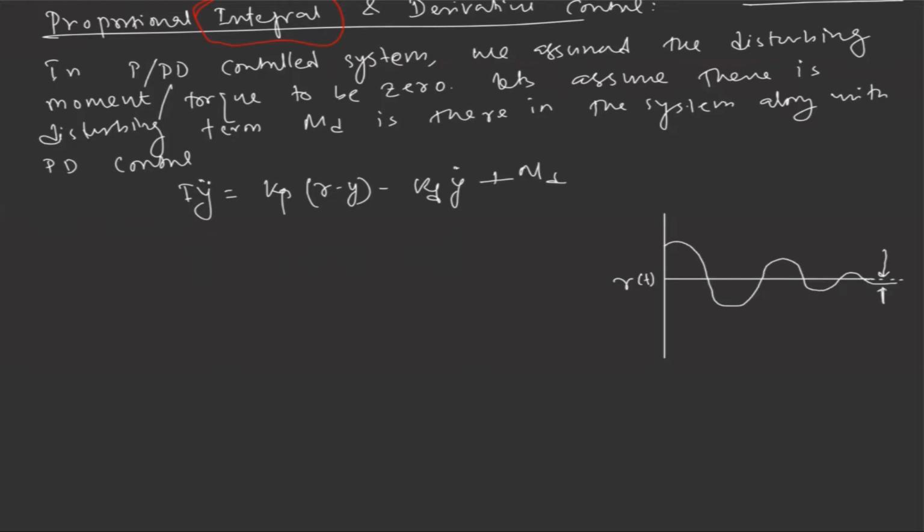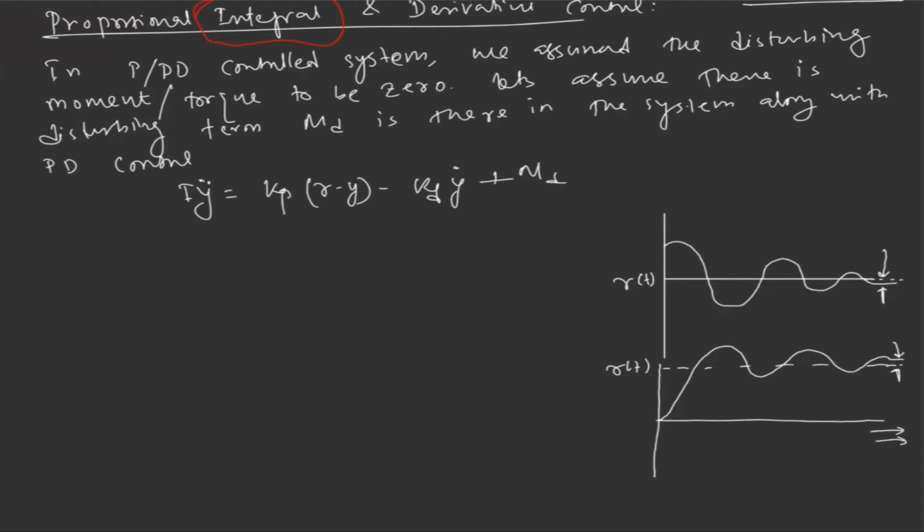Steady state means, if R of t is the desired signal or the reference signal to be tracked, and my system is going like this, the system goes to some constant value after some time, and stays there for all future time.